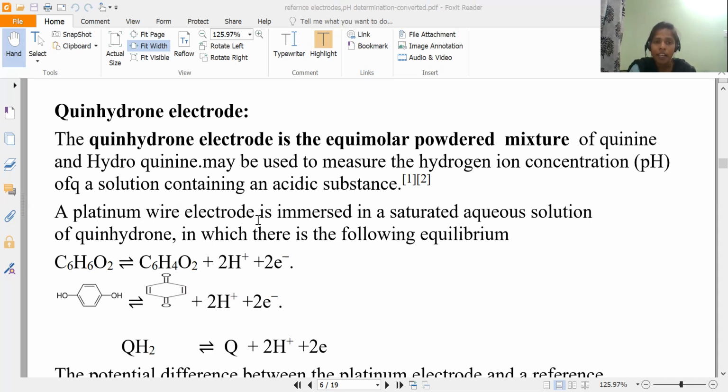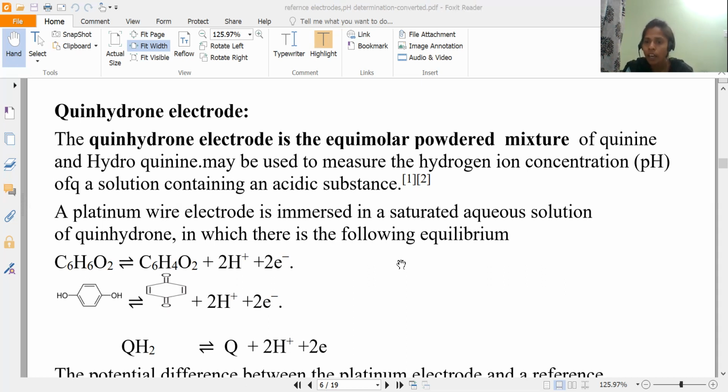A platinum wire electrode is immersed in a saturated aqueous solution of quinhydrone in which there is the following equilibrium. So how are we constructing? We are dipping a platinum wire in an aqueous solution of quinhydrone. What is meant by the aqueous solution? The solution which contains aqua as the solvent.